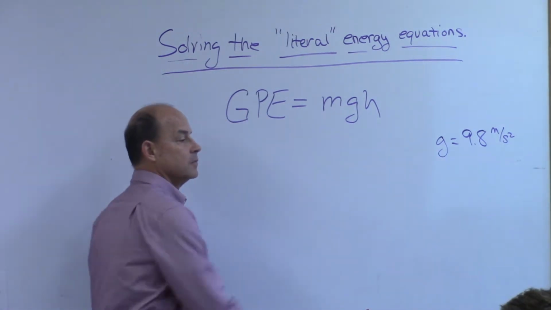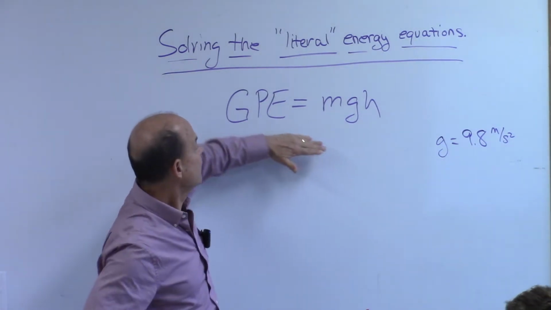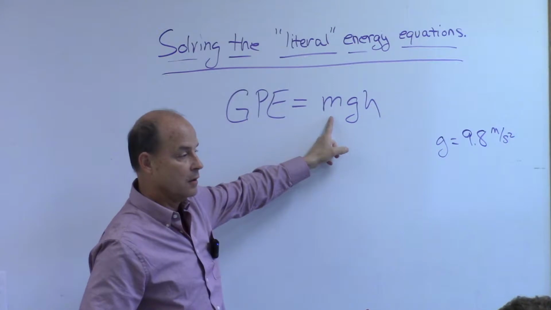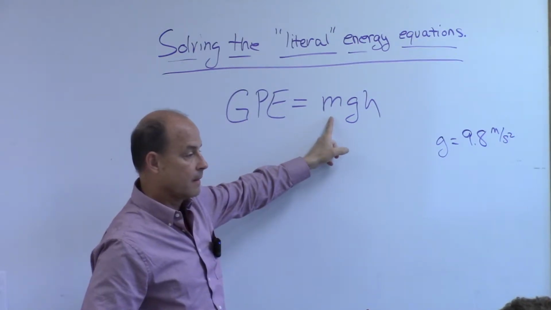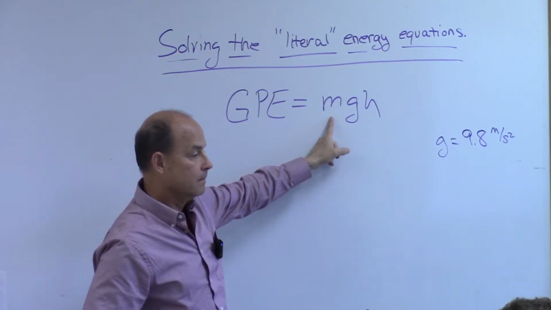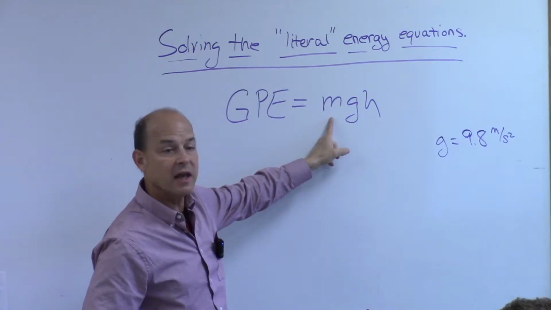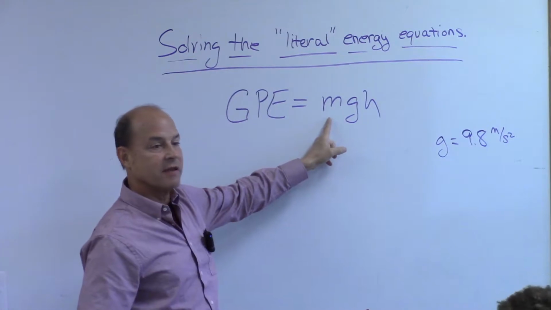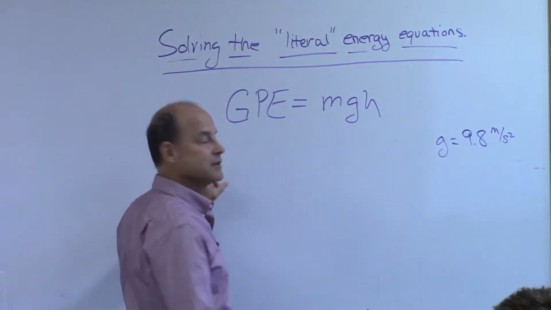Okay. Hildebrand, what do I want to do if I want to isolate M on this side of the equation? Divide by G and H. Can we do both of those at the same time? Yeah. Such a thing has never been done before. Let's try it and see what happens.